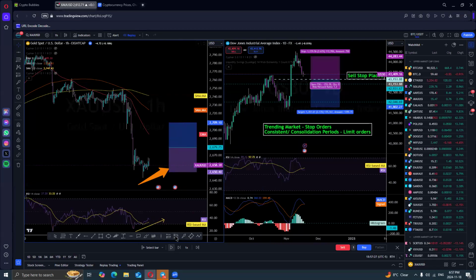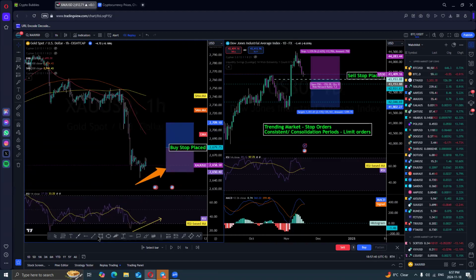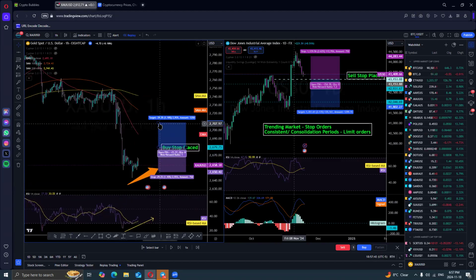So this is not instant execution, guys. Again, this is a buy stop order. I'm going to write it down. Buy stop placed. Okay. And the take profit, we're going to have about 2 to 3 take profits.